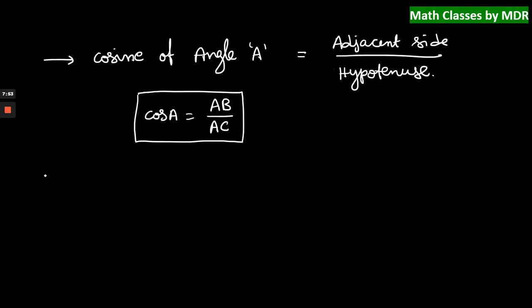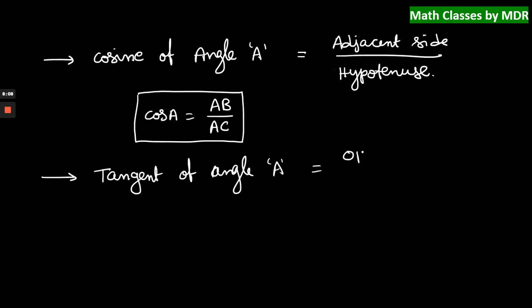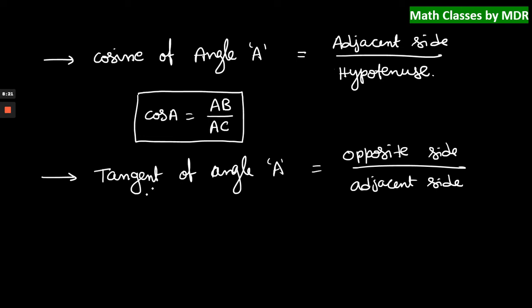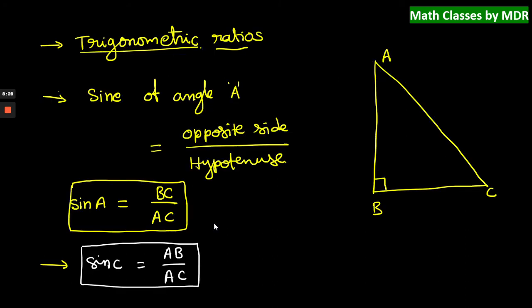Let us go with the third trigonometric ratio, that is the tangent of angle A. This is defined as the opposite side to the adjacent side for the angle A. We write it as tan A. Tan A means tangent of A. What is the opposite side to A?